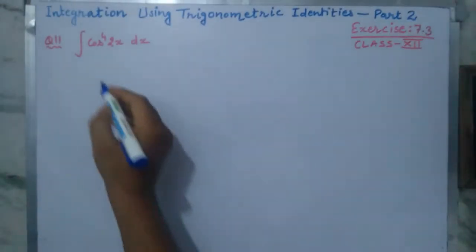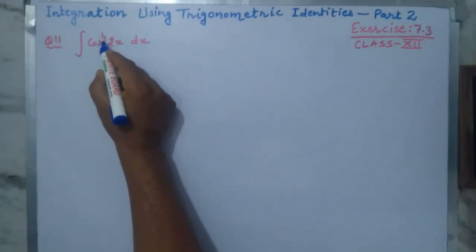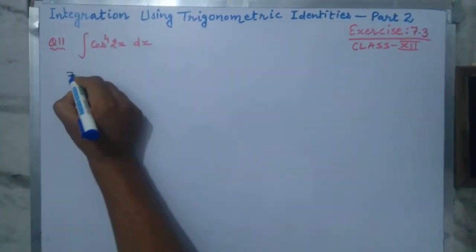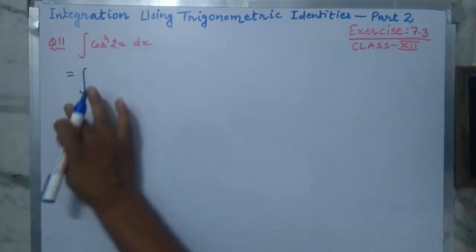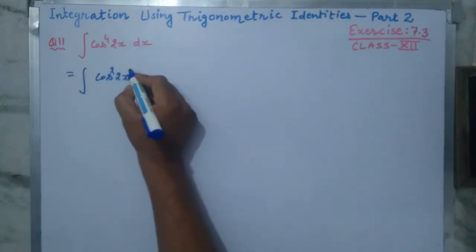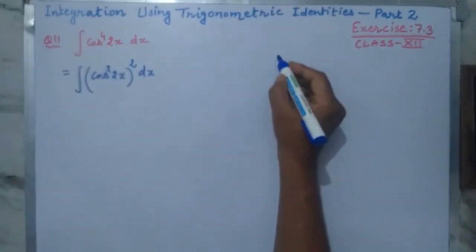Now coming to question number 11, what is the integration of cos raised to power 4 of 2x dx? So first of all we write this question as cos square 2x, its whole square, into dx. So from here, which identity is to be followed? We know that cos 2 theta is equal to 2 cos square theta minus 1.